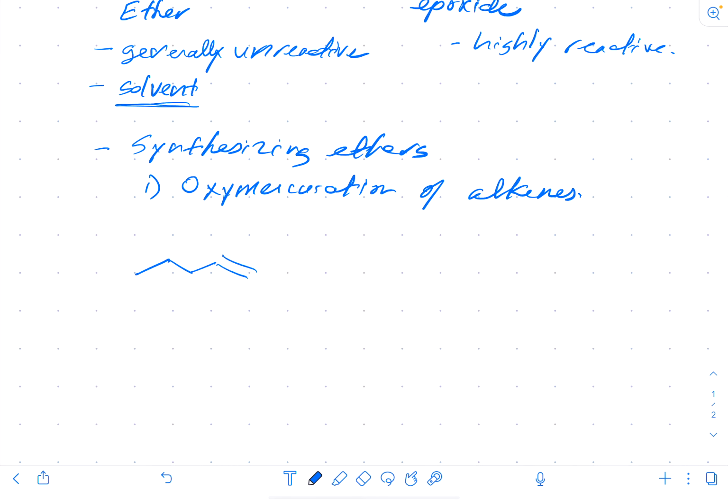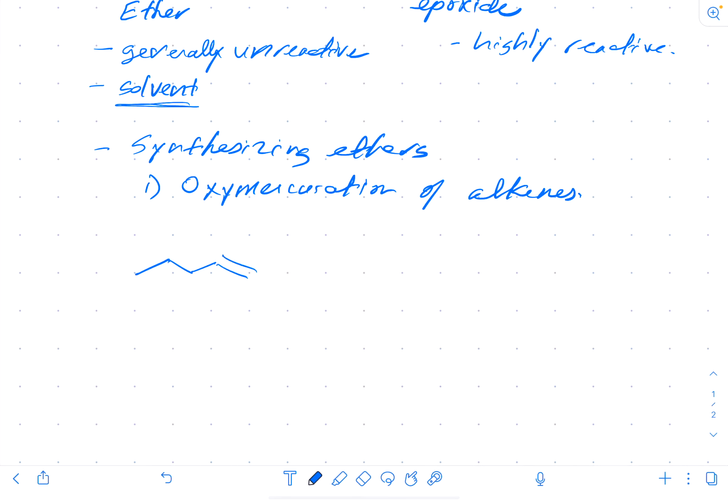So this works with small alcohols. So practically speaking, that's going to be methanol, and that's going to be ethanol. But this is a nice way that we can use to make ethers directly from carbon-carbon double bonds.